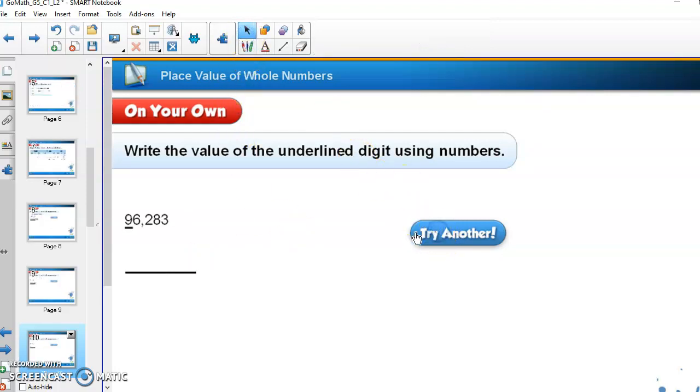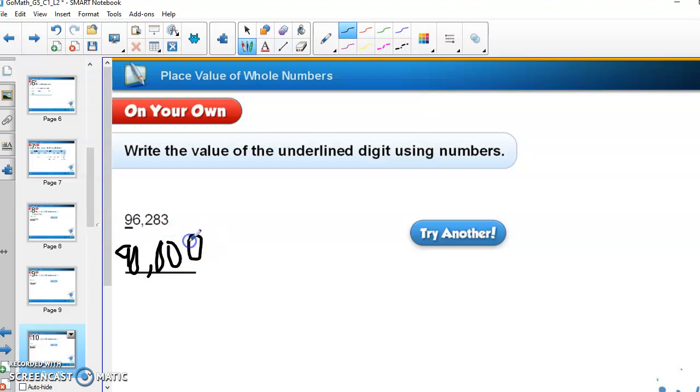And let's do one more. The 9, what is the value of that underlined digit? I'm in the thousands, the 10,000, so the 9 has a value of 9 10,000s, or 90,000. And they want me to try one more.